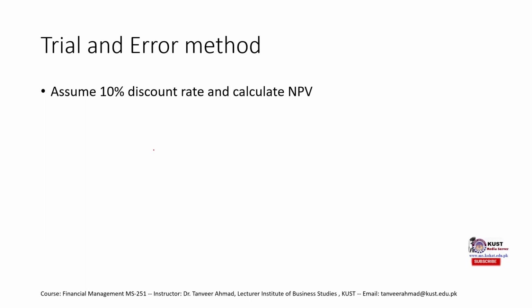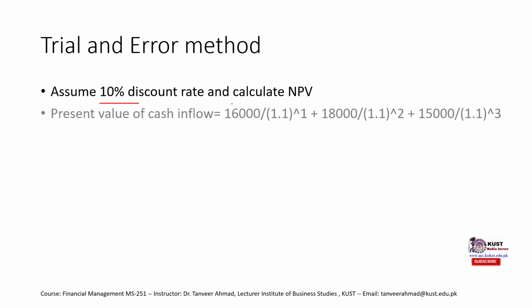So first, let's assume the discount rate of 10%. You can start at any point. You can assume 11 or 12 or 13, whatever you deem fit. We find the present value of cash inflow. Remember, our first cash inflow was 16,000.